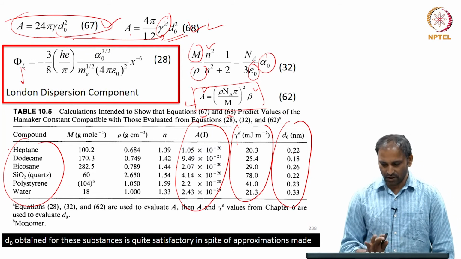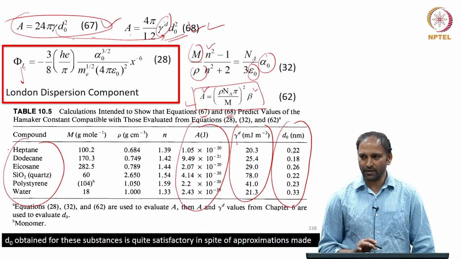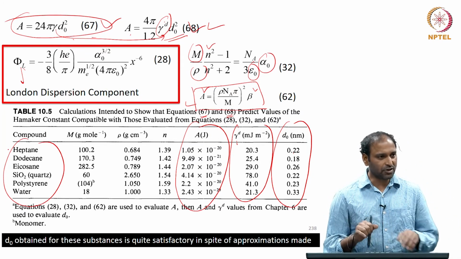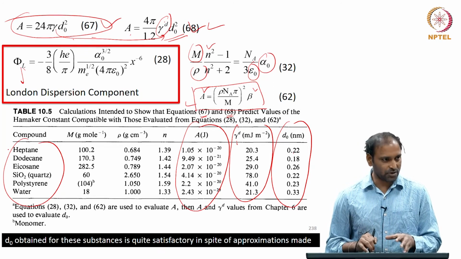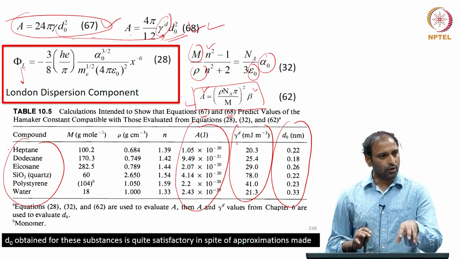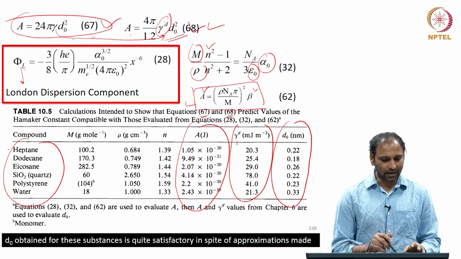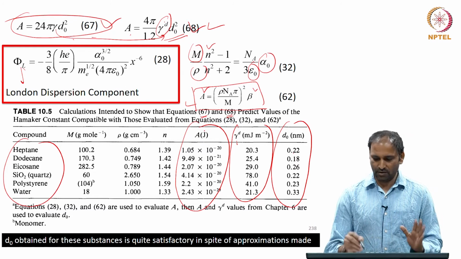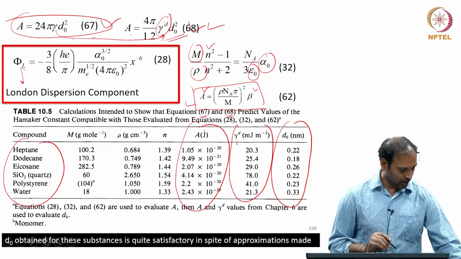You can use those approaches, and wherever you do not have access to the Hamaker constant, you should be able to use one of these expressions and calculate the Hamaker constant for the material of interest.